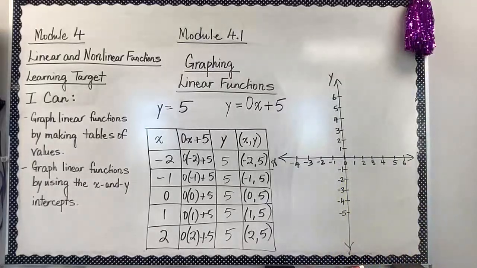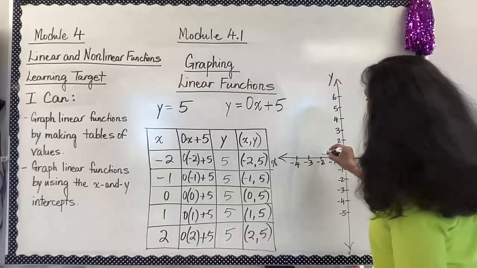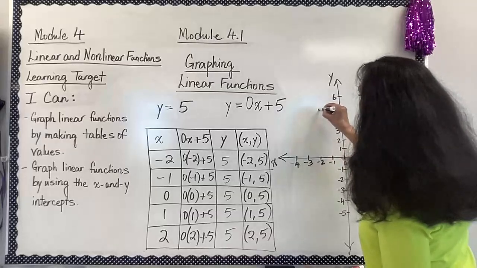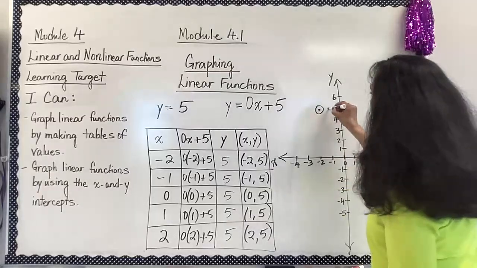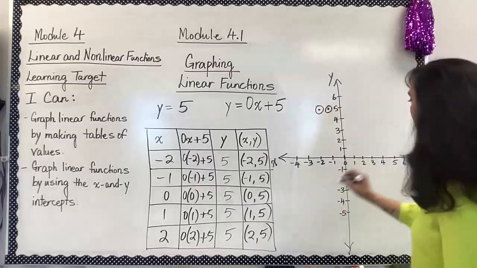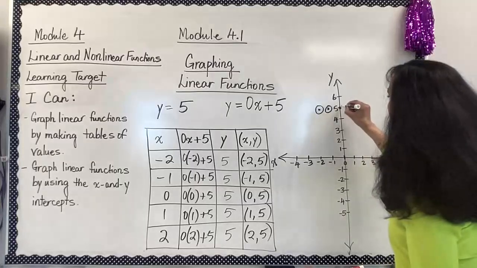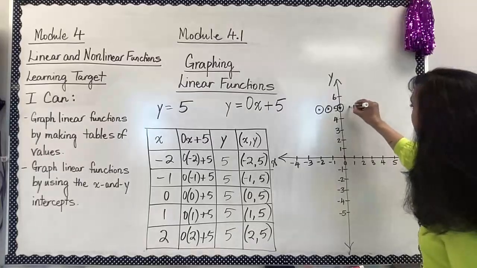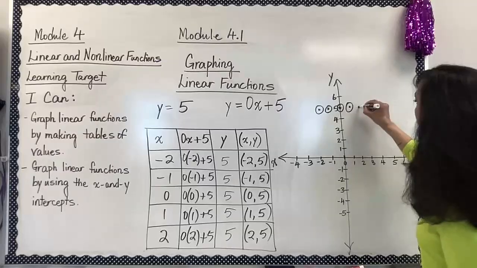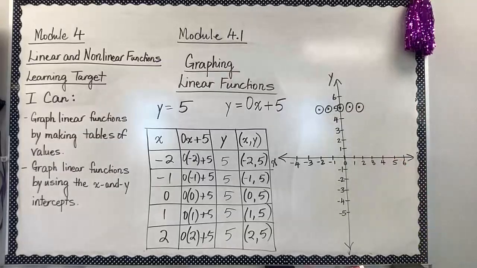So I know if I'm plotting this, we have negative 2 and we have 5. We have negative 1 and we have 5. We have 0 and 5. We have 1 and 5. 2 and 5. It doesn't matter what I have.